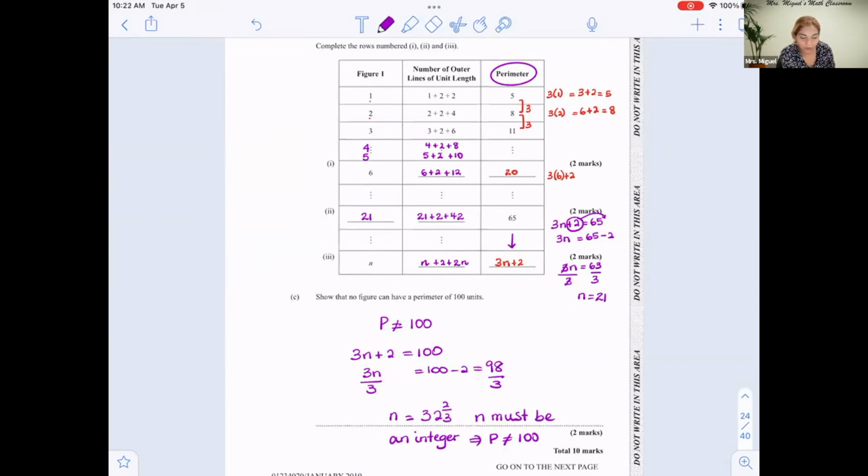We are moving along to June 2019. If anybody could be so kind as to tell us what page it is. June 2019, question 7. Page 54. All right, let's continue.